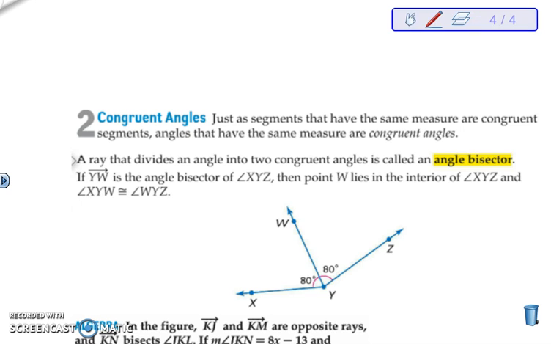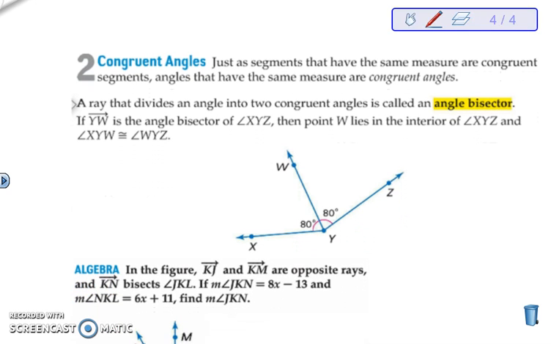The last thing to talk about today is our angle bisector. So the word bisector means cut in half. So anytime you see bisect or bisector, think of it almost like the same thing as midpoint we talked about last time.